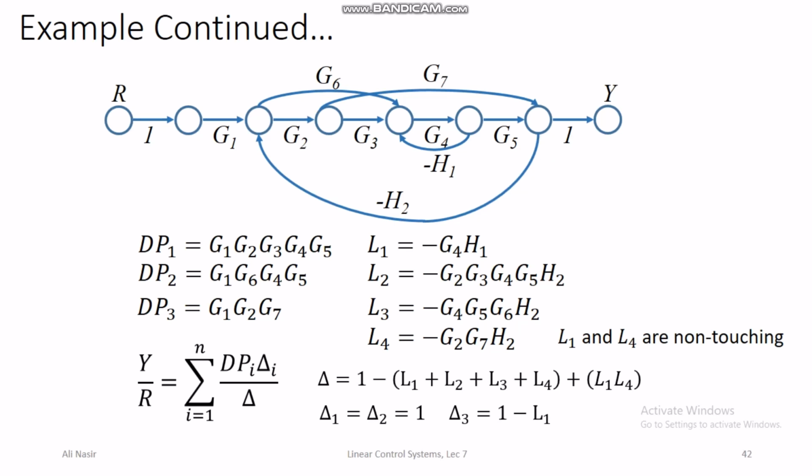That is why we have included that loop in our delta 3 expression. Okay, so now we have identified delta 1, delta 2, delta 3, and we already have direct path 1, direct path 2, direct path 3. So we are ready to apply Mason's rule for this signal flow graph and find out the transfer function.